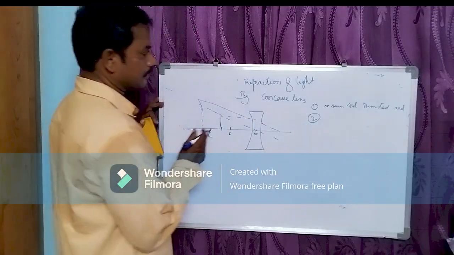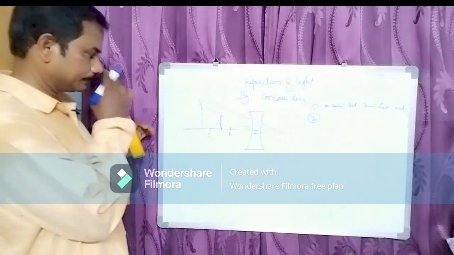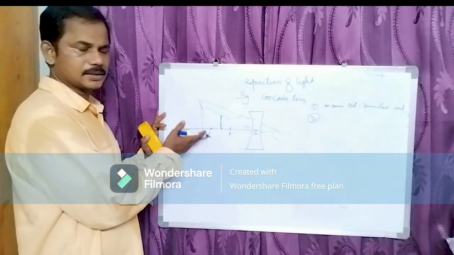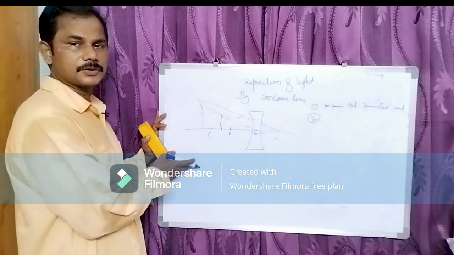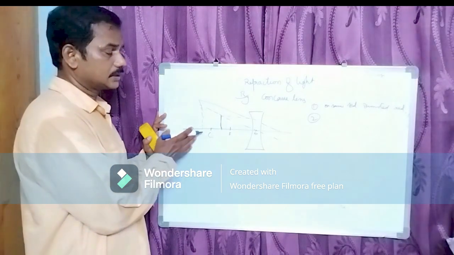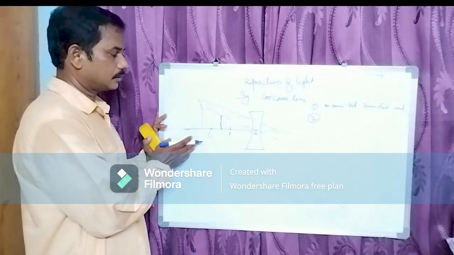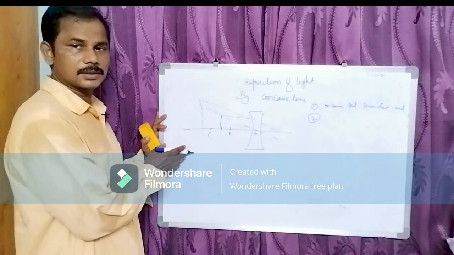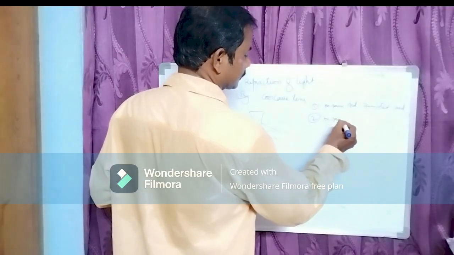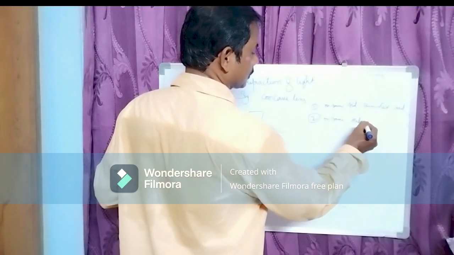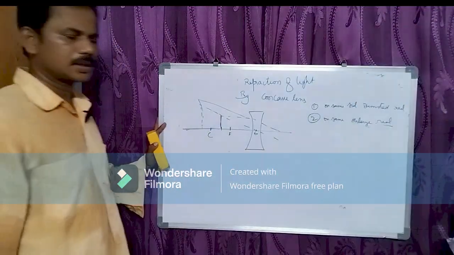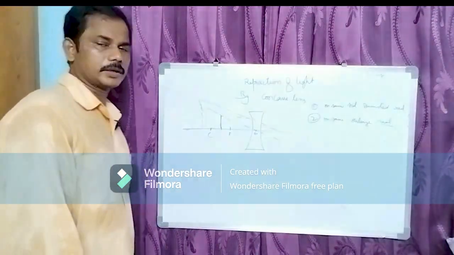The case is similar. The object falls beyond C, somewhere else, here on the same side. This is virtual, not real, and direct. This is diminished. Got it? On the same side. So these are the only two cases with the concave lens.